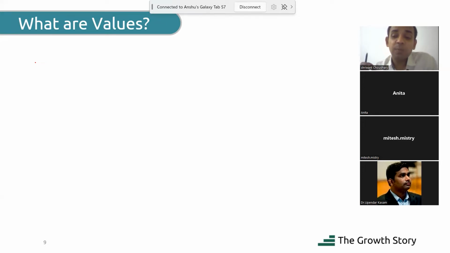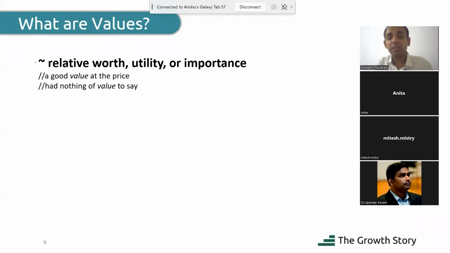Traveling is useful for you if you are going on a vacation. So anything which is of any use for you is considered to be valuable for you, is considered to be of value. So value is anything which has utility or importance for you.